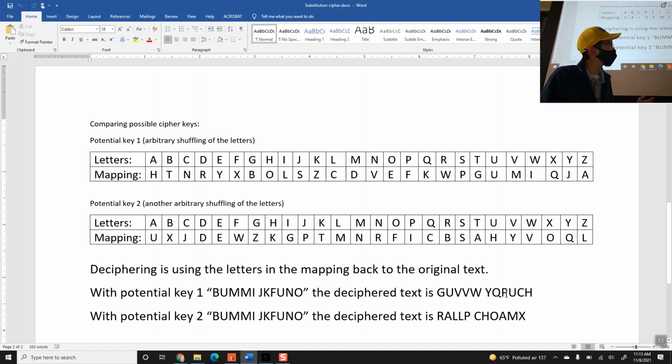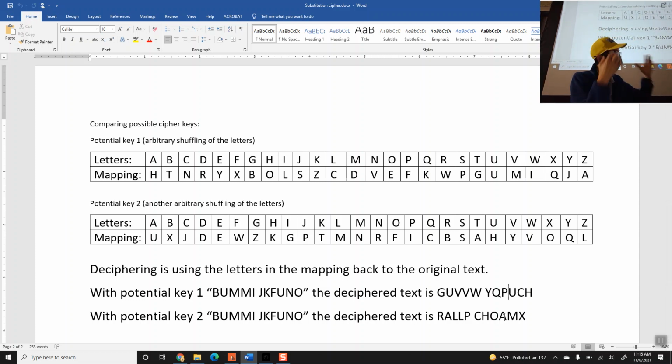This YQP seems very strange. This VVW seems very strange. Whereas RALL seems not weird at all. LP is a little bit weird. CHOA, these are not strange letter combinations.